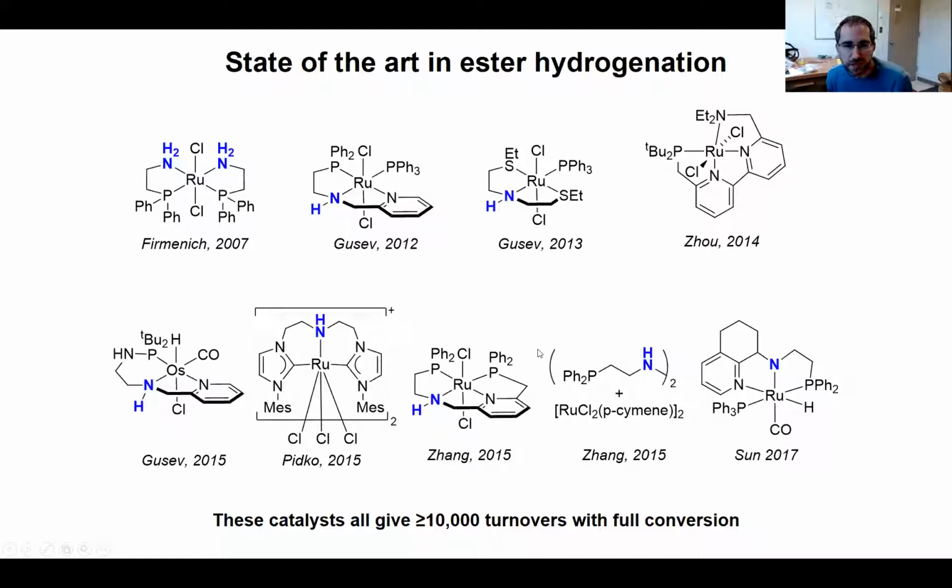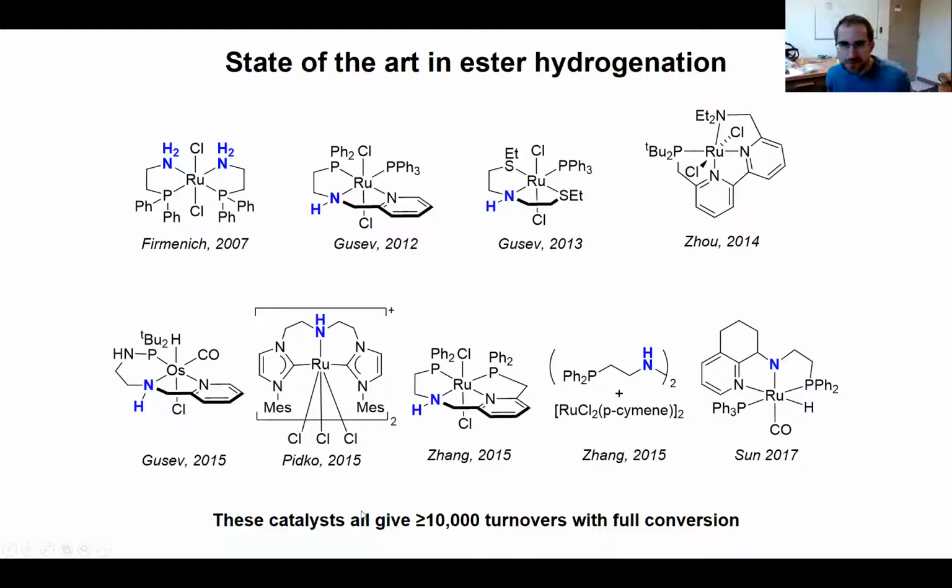And what I want to point out here is that there has been really a convergence on this NH functional group in many of the highly optimized catalyst structures. Most of these are ruthenium complexes, one is osmium, and there have also been manganese, for example, some first row metal catalysts that are typically somewhat less active, but still in some cases very good.